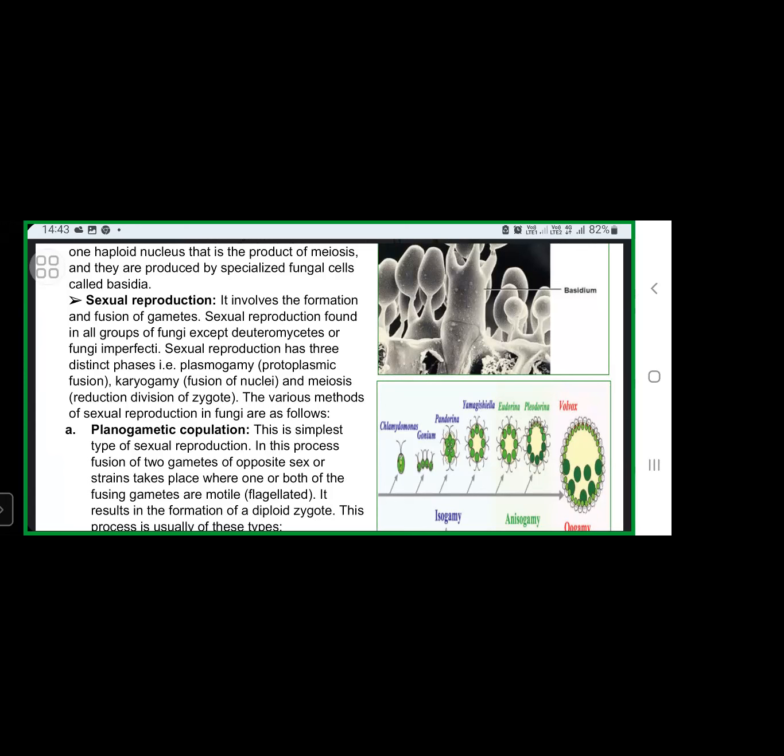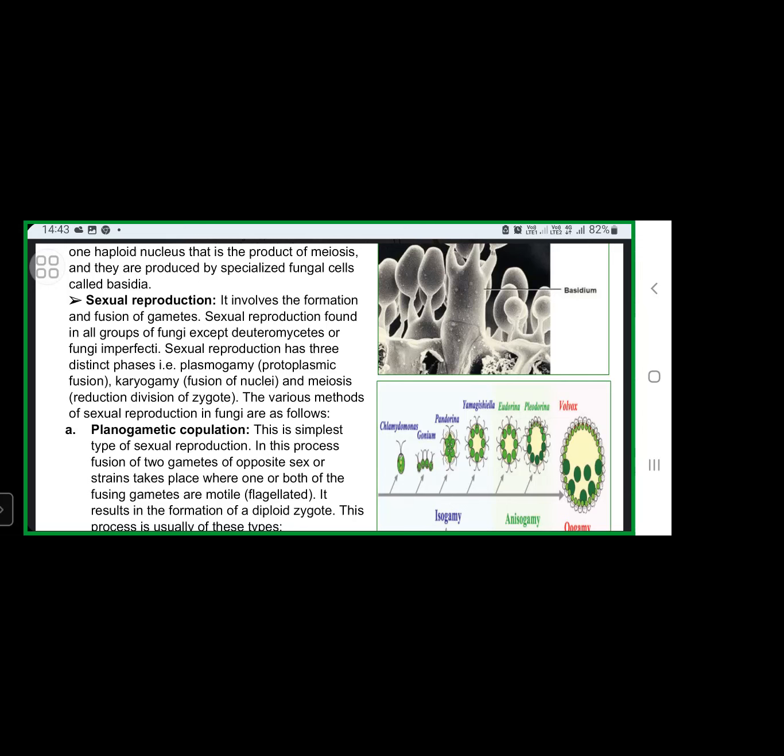That is why this is called sexual reproduction. You can observe sexual reproduction in all types of fungi except Deuteromycotina members. Except Deuteromycotina, almost all remaining fungal members show sexual reproduction.